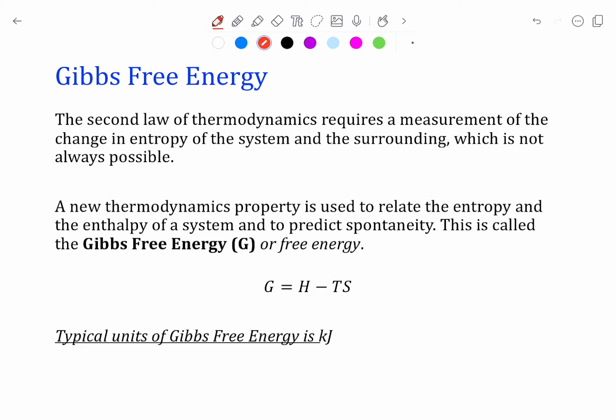If you think about it, the surroundings is the entirety of the universe outside of the reaction that you're looking at. If we're trying to measure minute energy changes from a chemical reaction, we can't really measure the change in the entropy of the entire universe because it's so large in comparison to how small that change in the entropy will be. So it's really the measurement of the entropy of the surroundings, which is the difficult part.